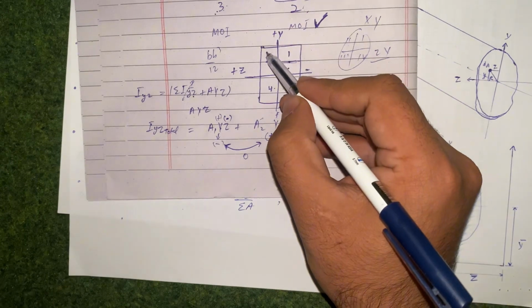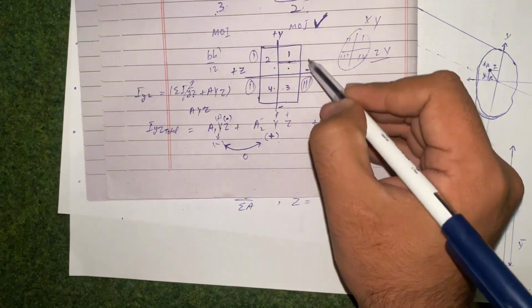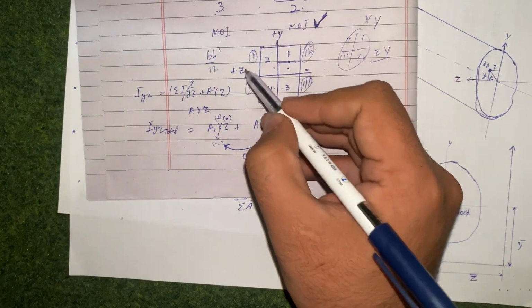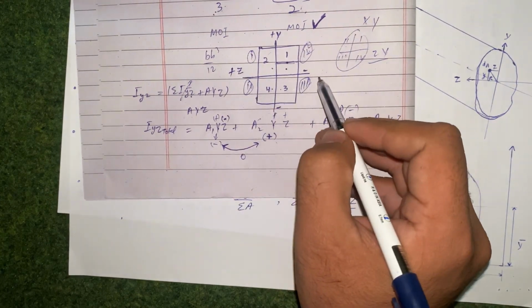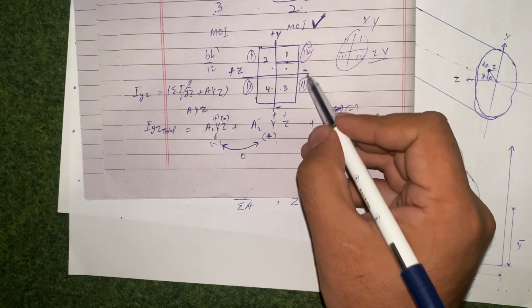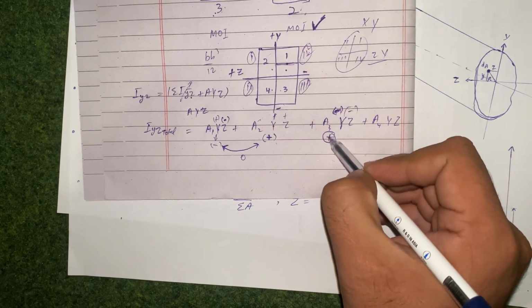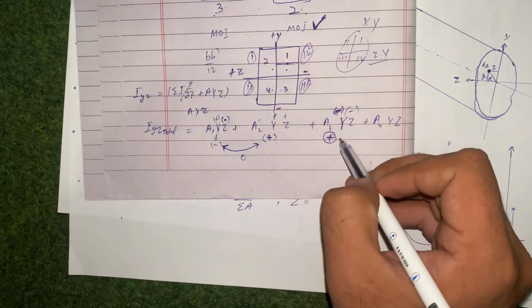Here we have the first quadrant, this is the second quadrant, this is the third, this is the fourth. So its sign conventions are also different. Here it's positive and here it's negative. So in the third area, both values are negative. So negative times negative will give a positive value. This value will be positive, the whole product of inertia.